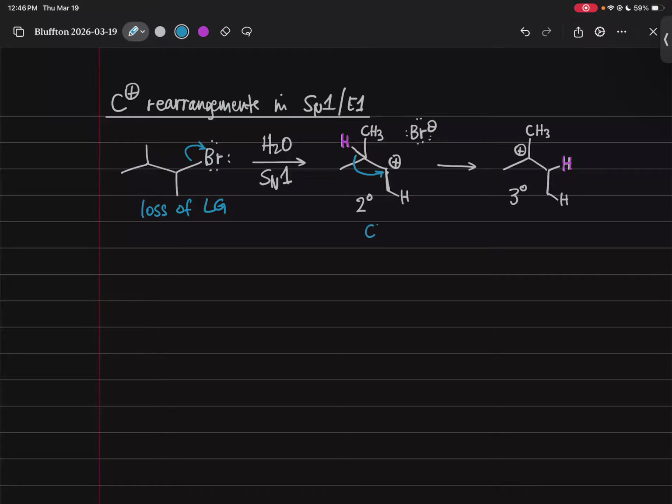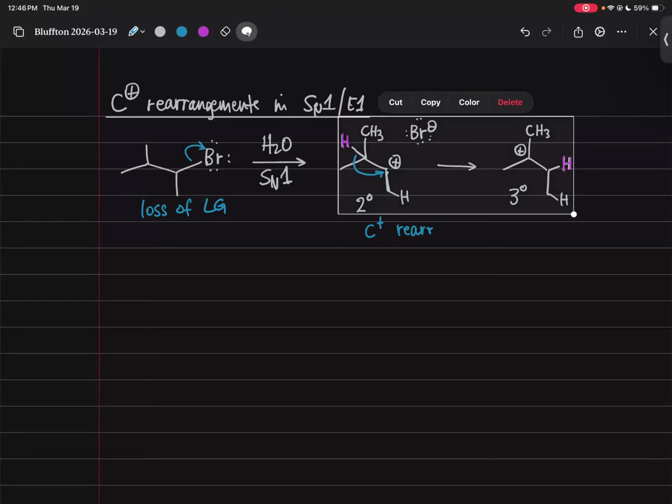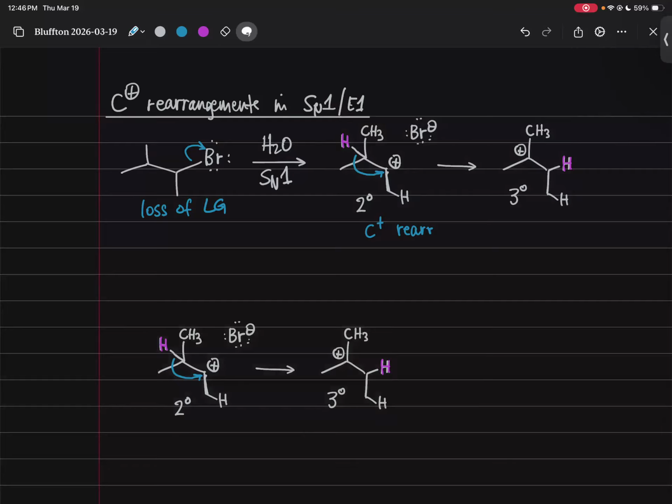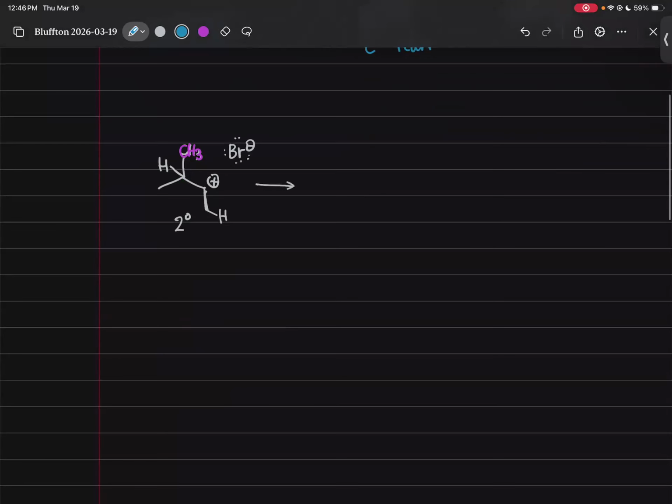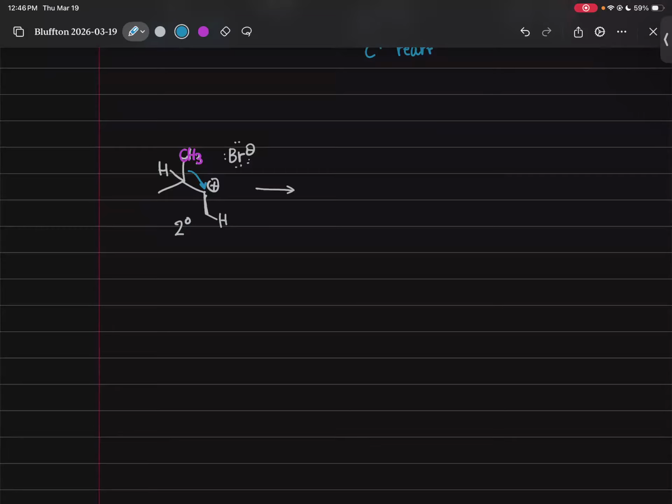Could you show real quick what it would have looked like if you moved the methyl group? Yes, let's do that. So if we moved the methyl group, the CH3 has now moved there, and our positive charge is where the methyl group used to be, which is right there.